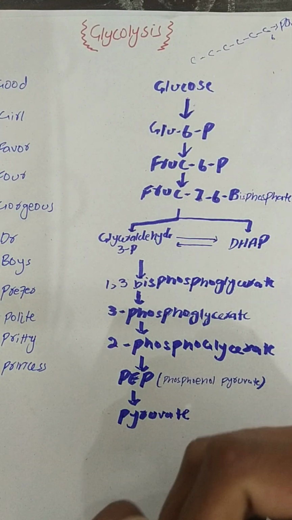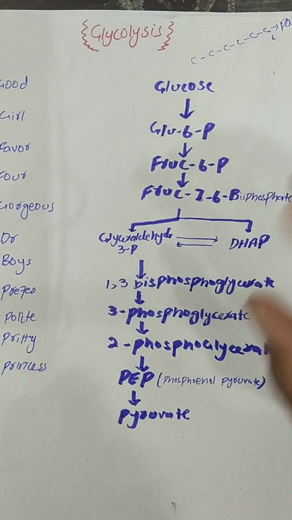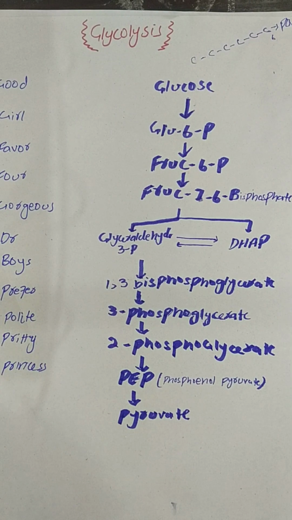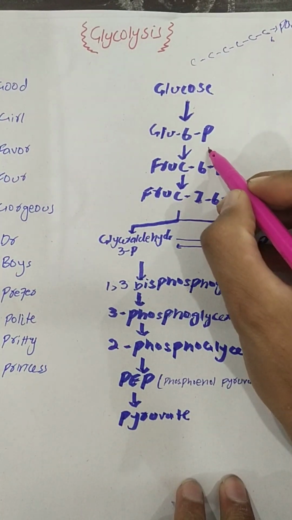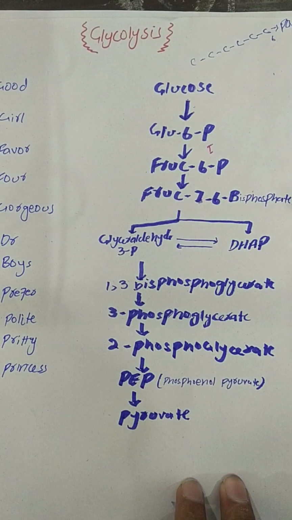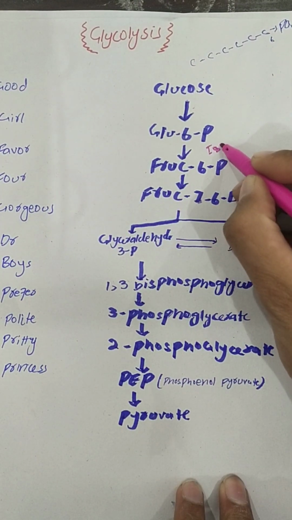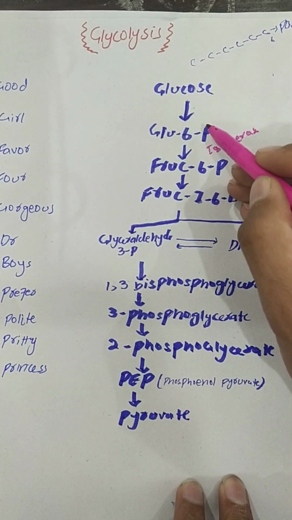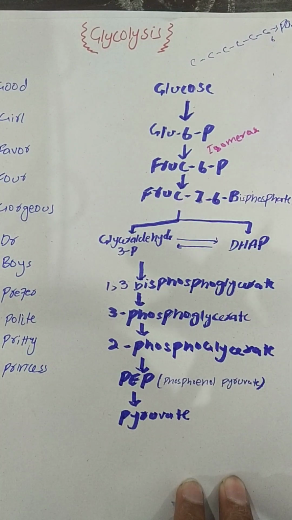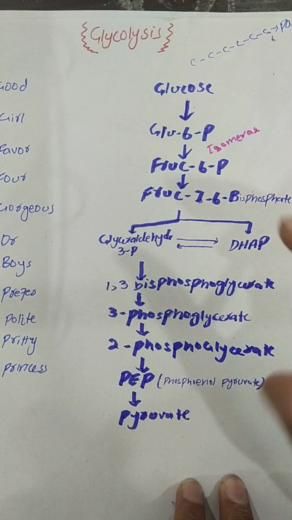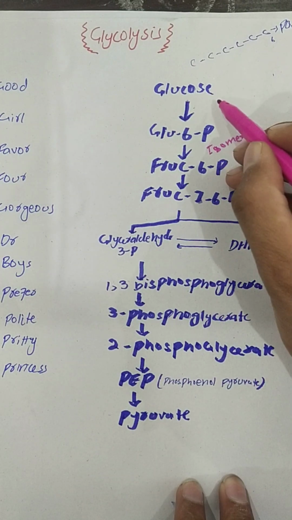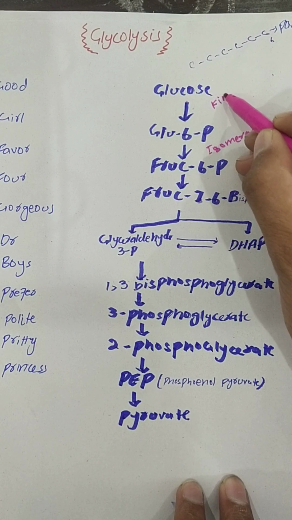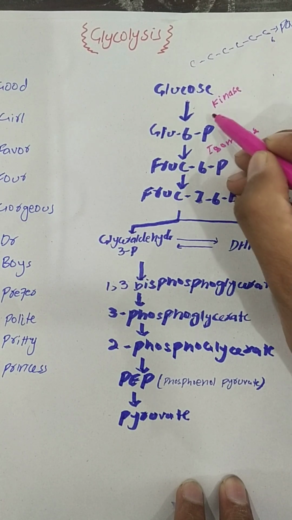We know glucose and fructose are isomers of each other, so this reaction is simply an isomerization. Here the enzyme which is used is called isomerase. In the first reaction in which we add the phosphate, you should remember that each reaction related to the addition of phosphate is catalyzed by a kinase.